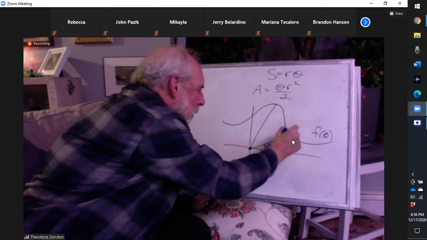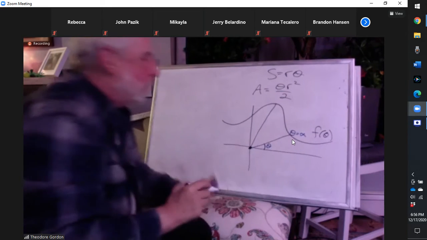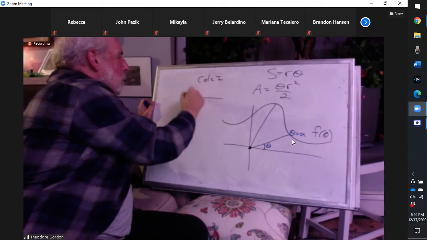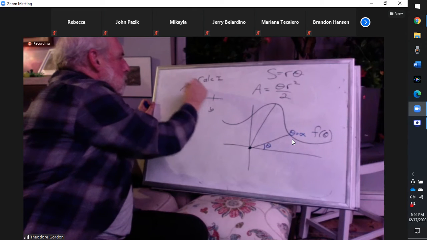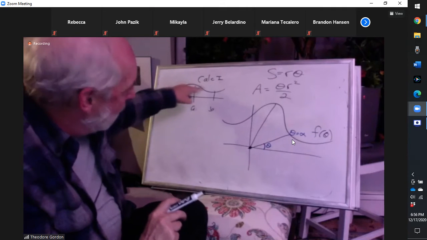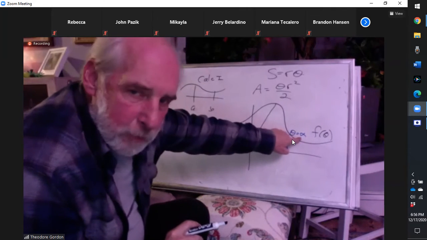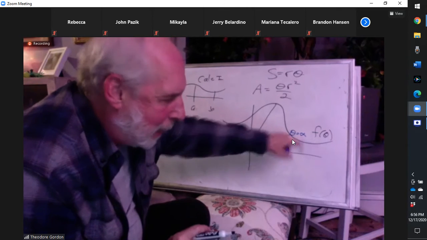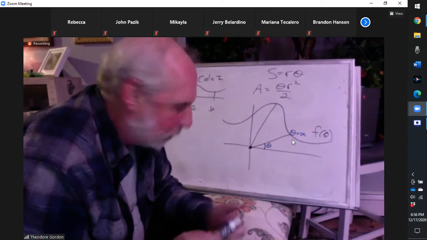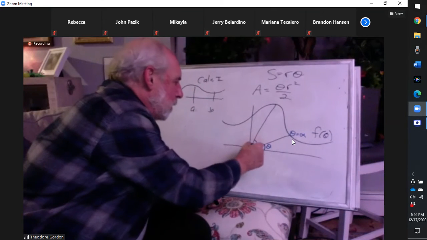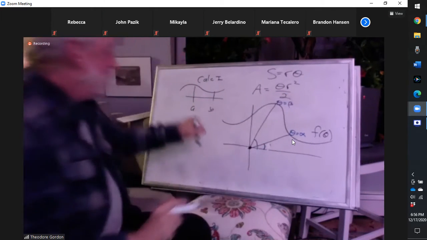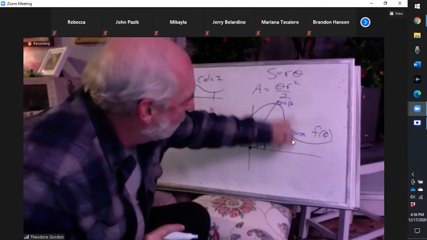So this is theta equal to alpha. When we do it from Calc 1, we integrate from a to b for the area of the shape. Alpha is the first letter of the Greek alphabet, so this is basically a, but we always use Greek letters when we're talking about angles. It's because of the Greeks. And we come over here, here's another angle. This is where we stop, so theta will equal beta. So instead of a to b, we're going from alpha to beta.